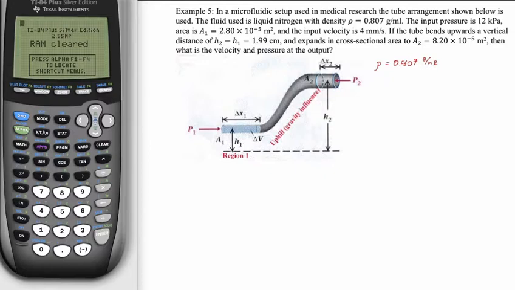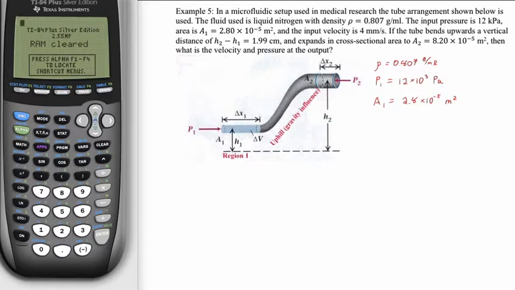We also are told P1, the input pressure. P1 is 12 times 10 to the third pascals, because it's kilopascals. We then have A1, the input area, as 2.8 times 10 to the negative 5 square meters.